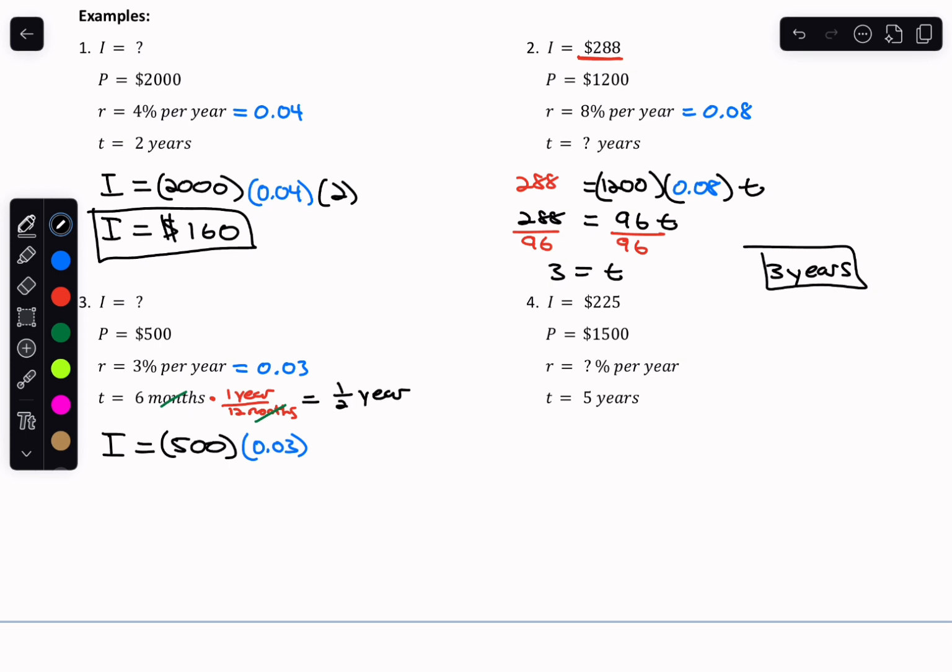Okay, so 6 months is equivalent to half a year. I think a lot of us probably knew that 6 months was half a year, but it never hurts to go through the official dimensional analysis steps to get there. So 6 months is half a year. So now for t, I'm going to plug in the fact that t is 1/2 or 0.5, whichever you prefer.